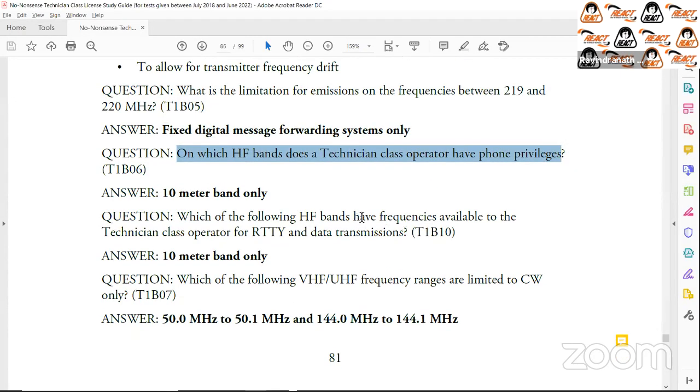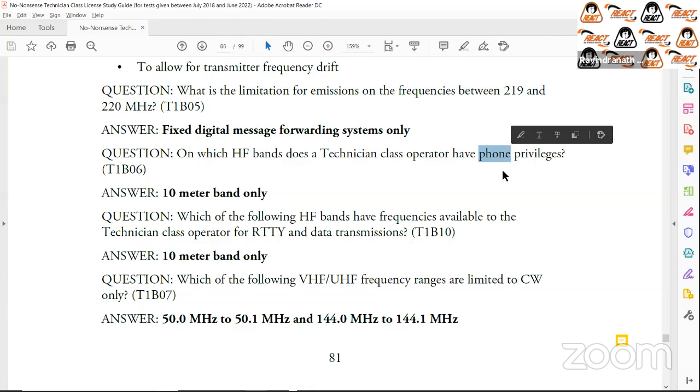Next question. On which HF bands does a technician class operator have phone privileges? So let's dissect this question. They're asking us about HF bands. They're also asking us about a technician class operator, not a general, not an extra. The HF band, not VHF, not UHF, HF band, technician class operator, and the next most important keyword, phone privileges.